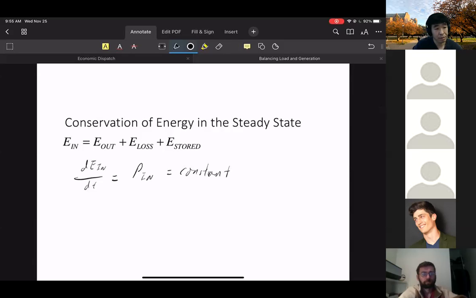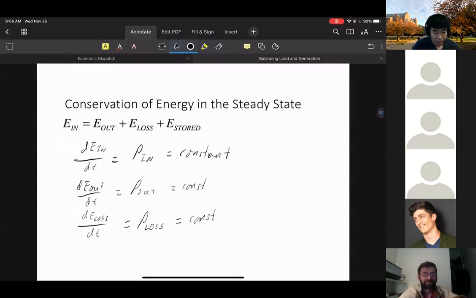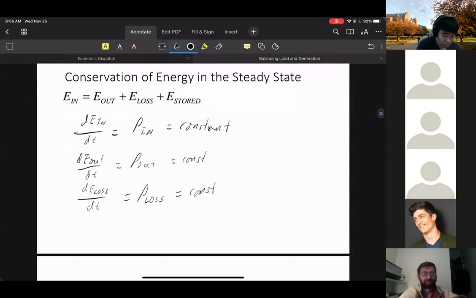This is a constant because we're not changing the rate of energy input into the system, for example. Similarly, the loss is a constant because none of the energy conversions change.